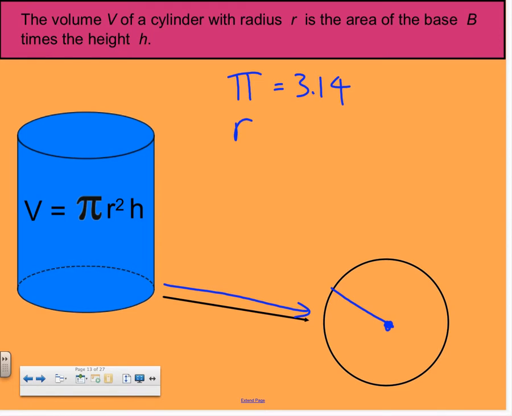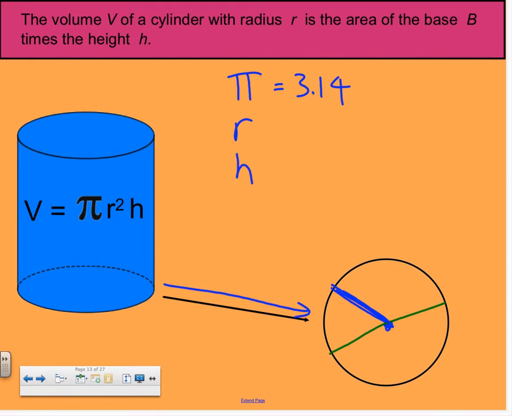So diameter would be all the way across, and the radius would be halfway across. Now remember, we need the radius. So if they give you the diameter, you got to divide it by 2. We need the radius. The next thing we need is the height of the cylinder, okay? So those are the three things we need.